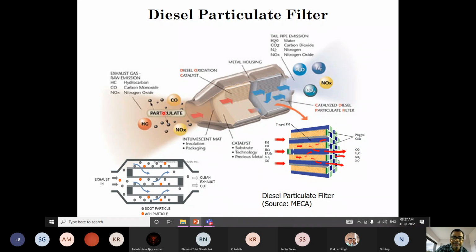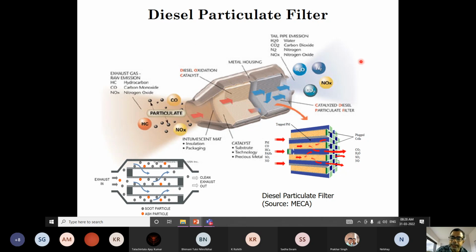But the particulate is a solid-based pollutant, so taking care of it requires special attention. To control the particulate, we have a different kind of after-treatment technology, and that is called DPF, diesel particulate filter. Filter is a very important term here because, when we discuss it, you'll find it is just like a filter itself.